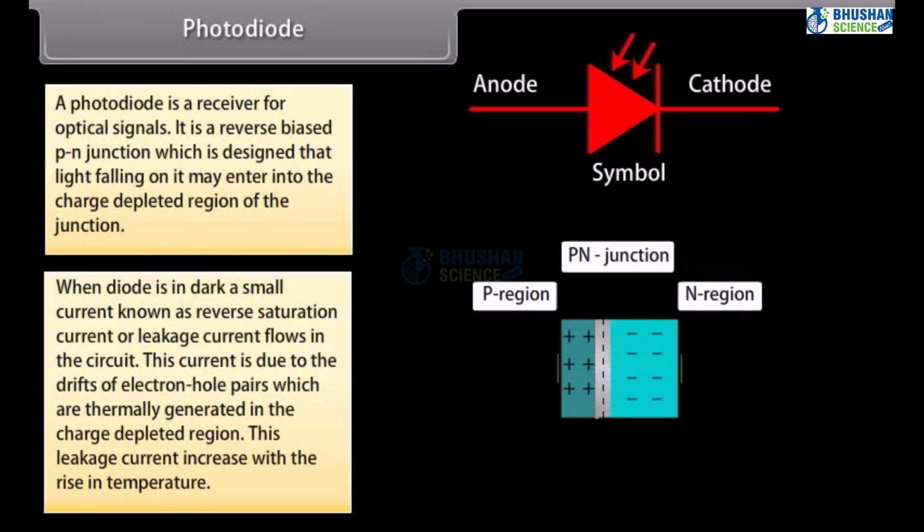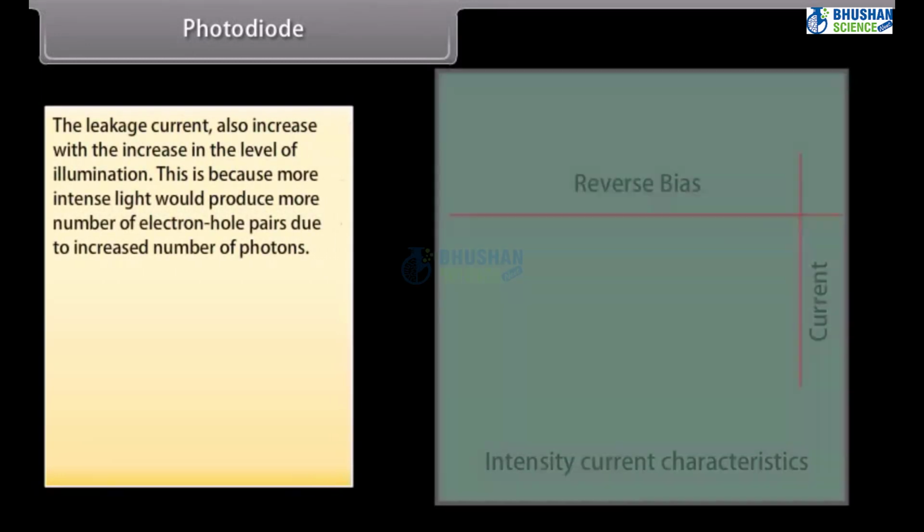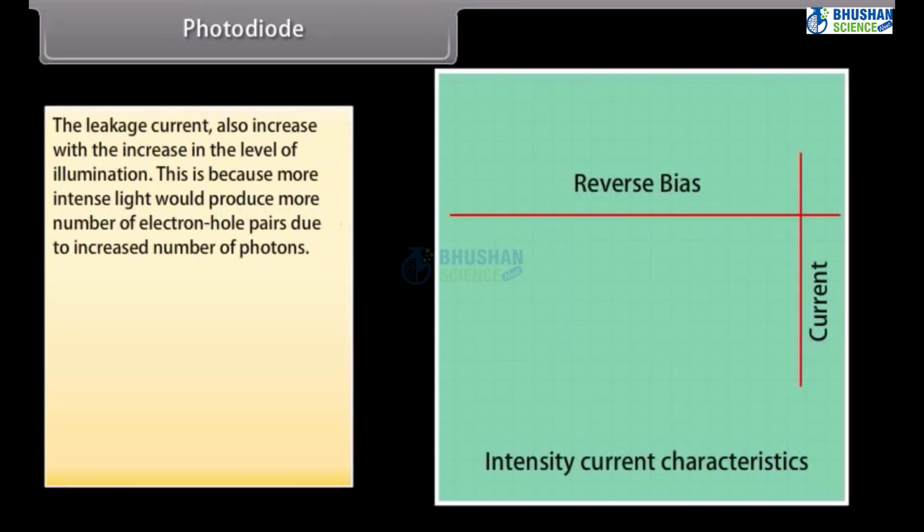This current is due to the drift of electron-hole pairs which are thermally generated in the charge-depleted region. This leakage current increases with the rise in temperature. The leakage current also increases with the increase in the level of illumination. This is because more intense light would produce more electron-hole pairs due to the increased number of photons.